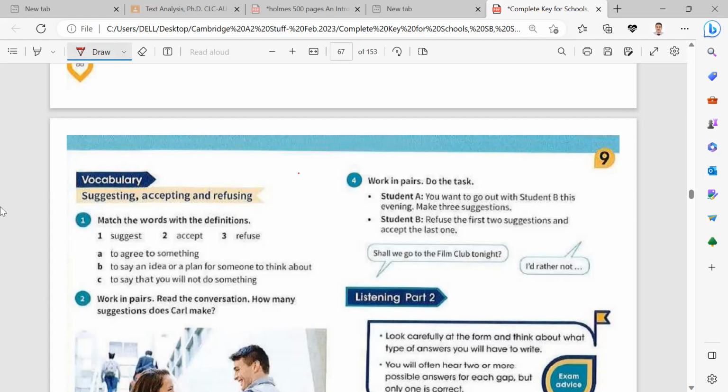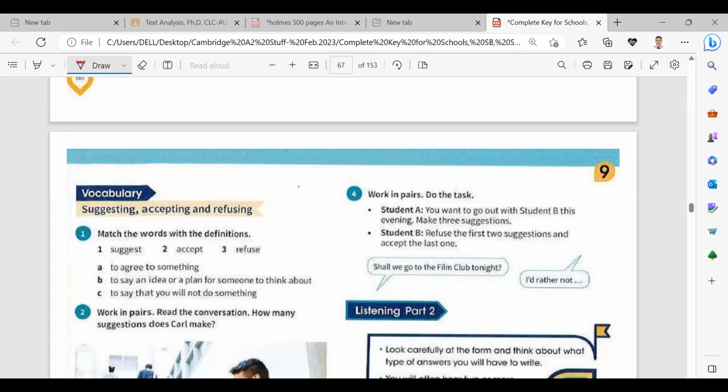And I ask you, what should we do to celebrate and help her have fun? In this way, you need to suggest. You need to give me ideas on how to celebrate, right?